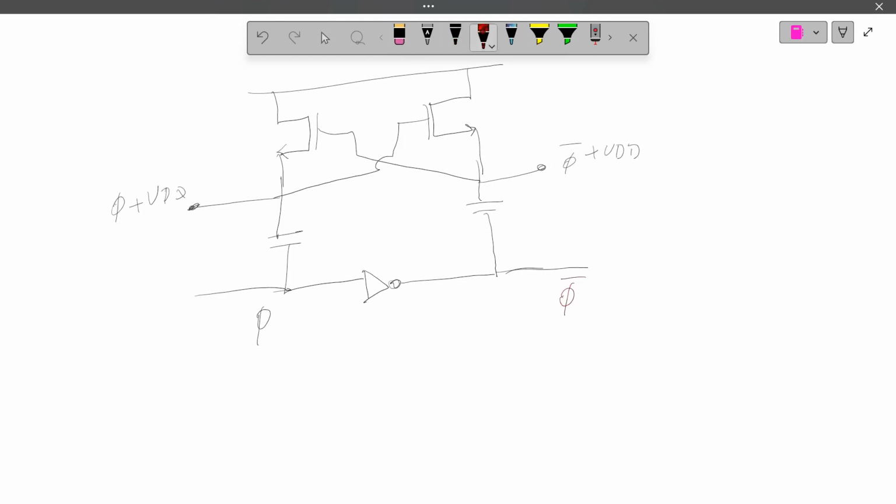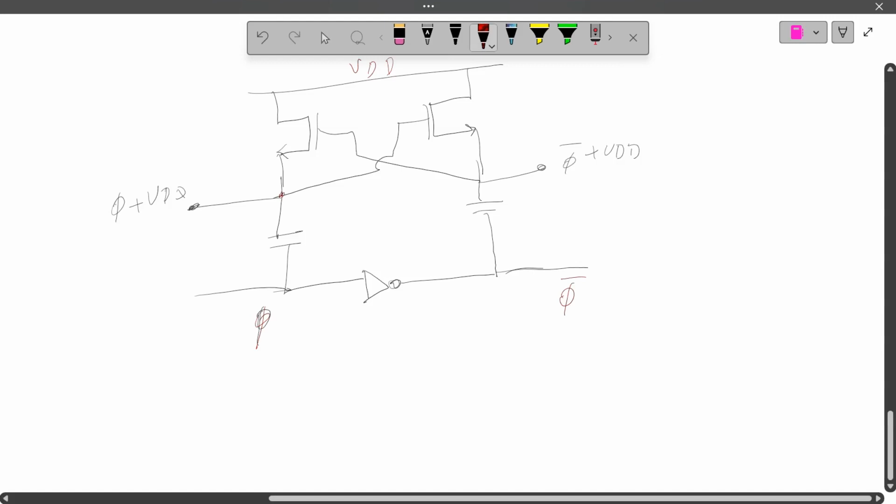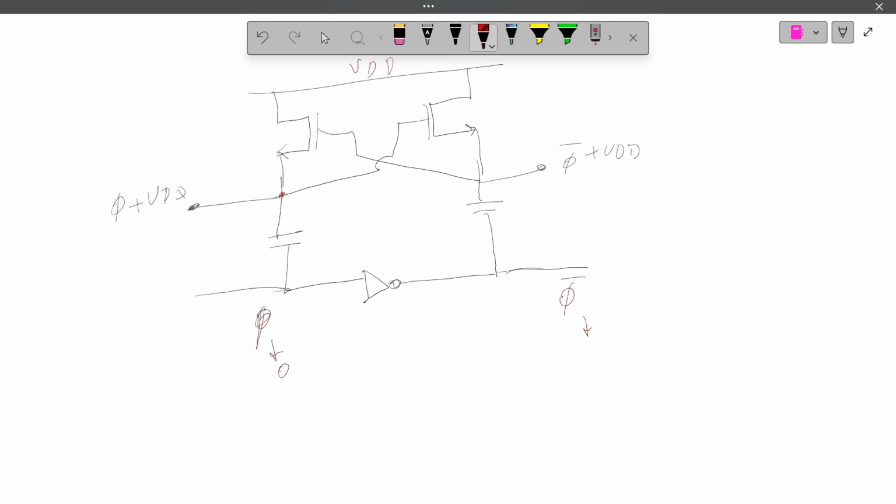Okay. Let's take a look at this circuit. How will it charge up to 2 VDD, right? If I take phi as 0, so phi R will be 1, right?